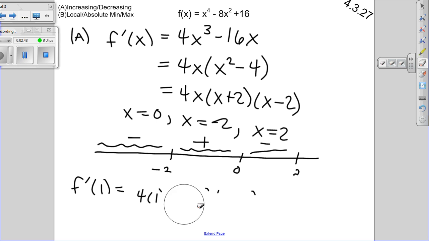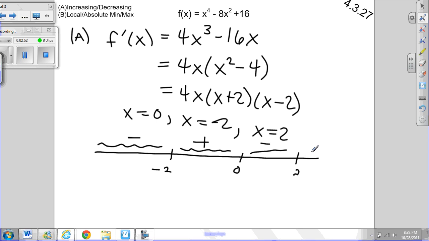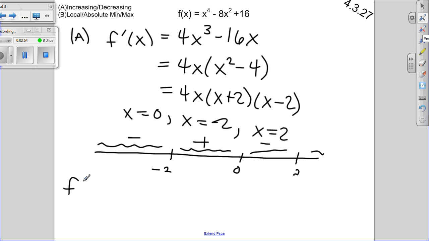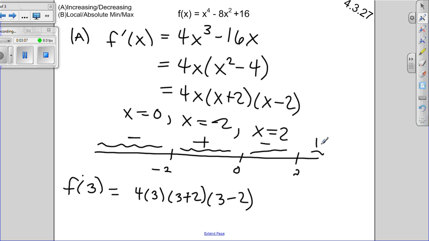And finally, let's try something in our last range. Something greater than 2, so let's try 3. F prime of 3 is equal to 4 times 3, 3 plus 2, and 3 minus 2. And all of these numbers are positive, so this is going to give us a positive value.